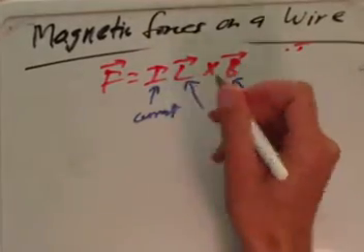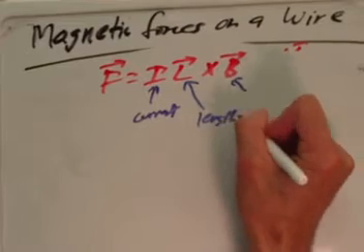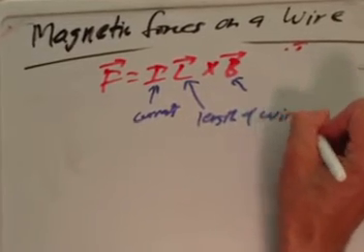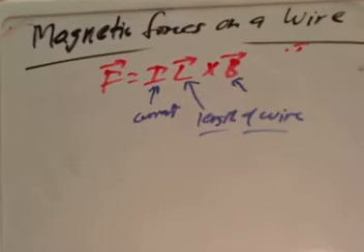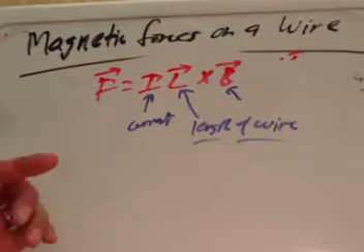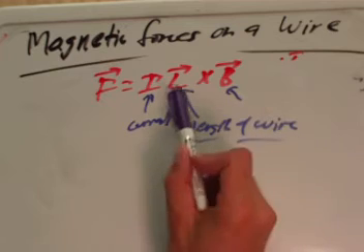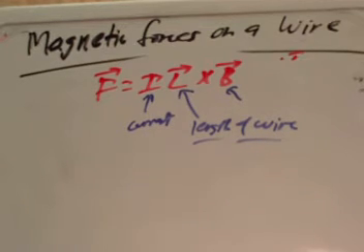And this L is a piece of a length of wire. So we're talking about magnetic forces on a wire. You actually have to put a wire in a magnetic field to see this, and L will be the length of the wire in the magnetic field. You can have a wire 10 feet long, but if only 2 inches of it is in a magnetic field, then all 10 feet of it won't contribute to the force.